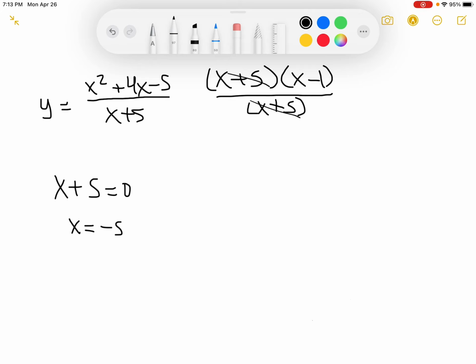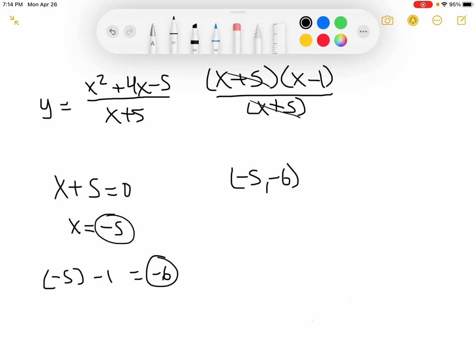Now we need to find the y coordinate, and we find it by plugging this into the thing that didn't cancel out. What didn't cancel out? The x minus 1. So we plug the negative 5 into where x would be, minus 1, to get negative 6. So these are the coordinates of our hole, or discontinuity.